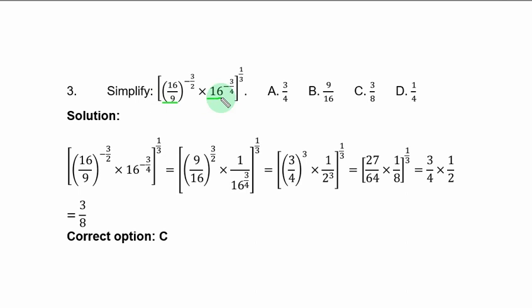You close the bracket to the overall power of 1 over 3. Let us start with the inner brackets. Now, the first term, by negative index, if you interchange the position of 16 and 9, the negative sign disappears. So you have 9 over 16 to the power of 3 over 2.